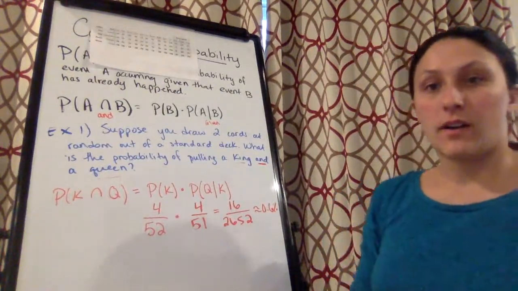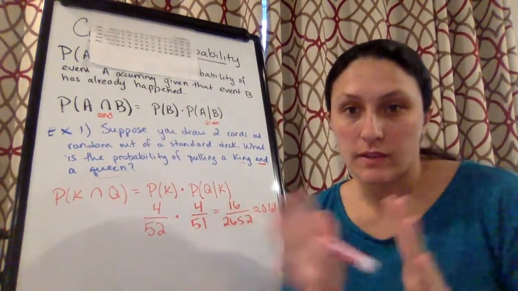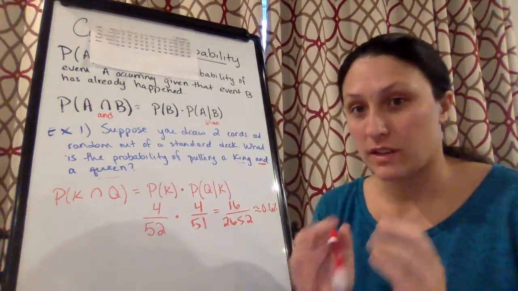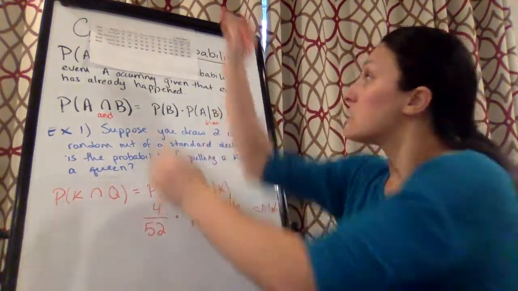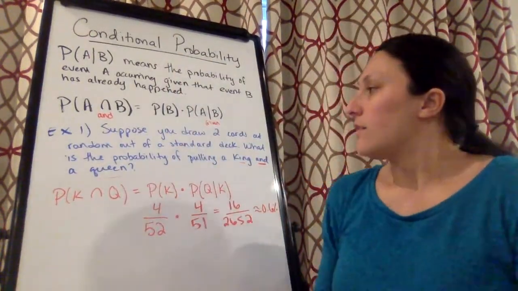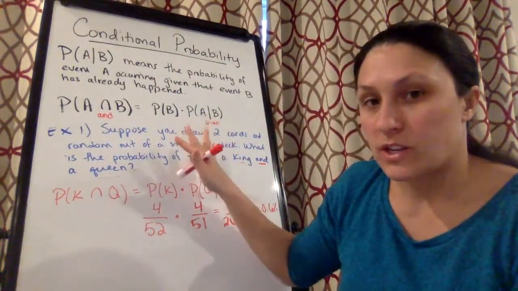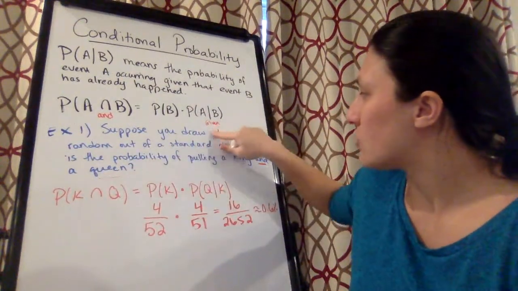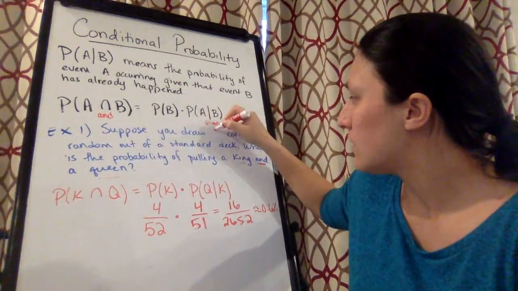Okay, now I'm going to connect this to some of the problems that we have done in previous videos to make sure that you really understand what a conditional probability means. I'll take this down so that you can see. So if I asked you the same exact question, but I changed this to say, suppose I draw 1 card.